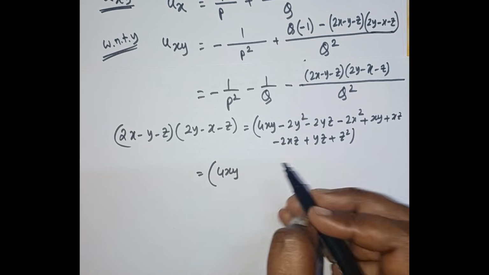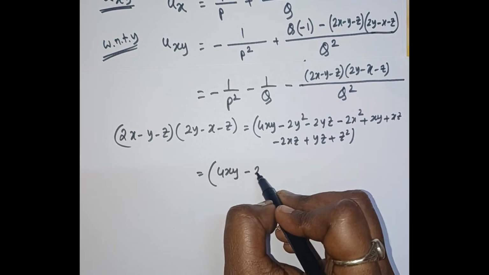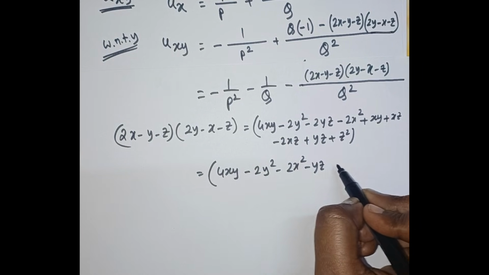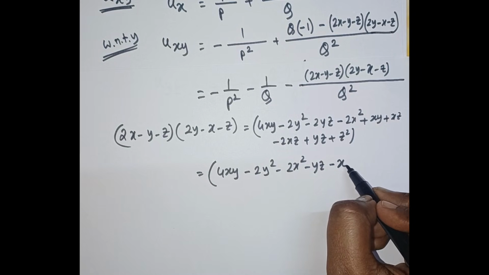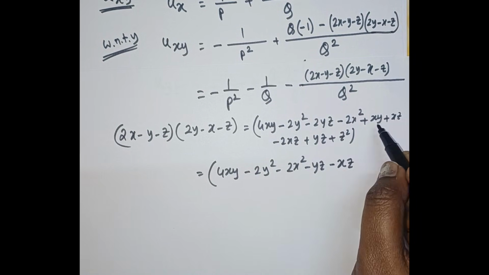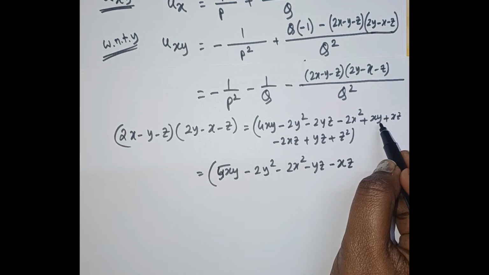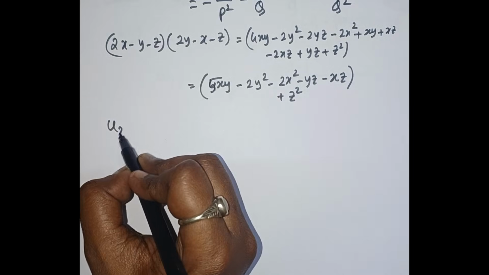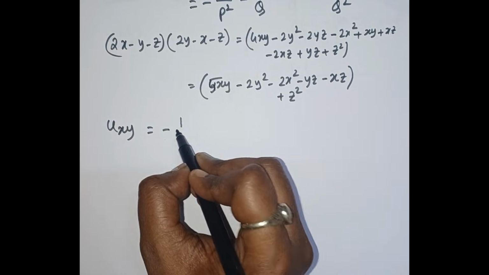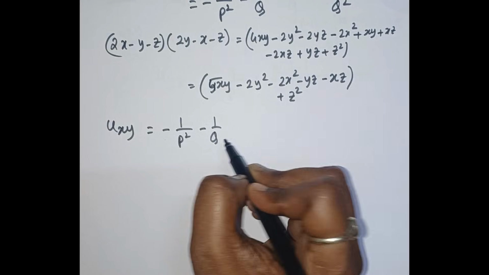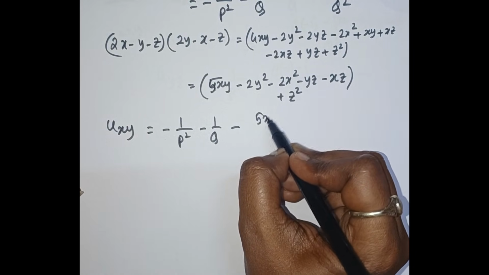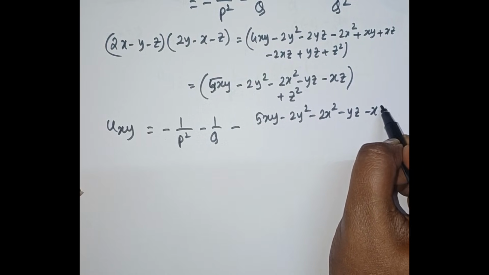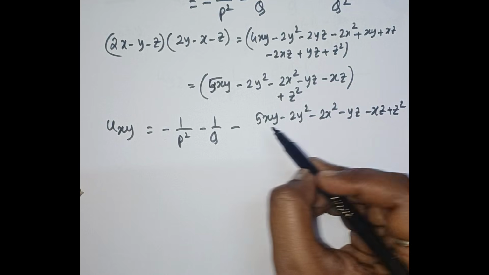Again we can write this as 4xy minus 2y square minus 2x square minus yz minus xz, and since we have one more xy, so it will be 5xy, and then plus z square. So uxy is now minus 1 by p square minus 1 by q minus 5xy minus 2y square minus 2x square minus yz minus xz plus z square by q.